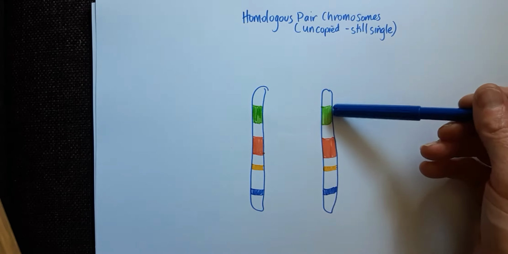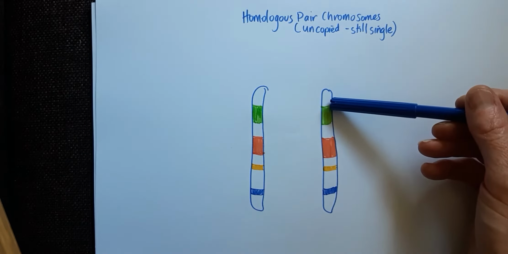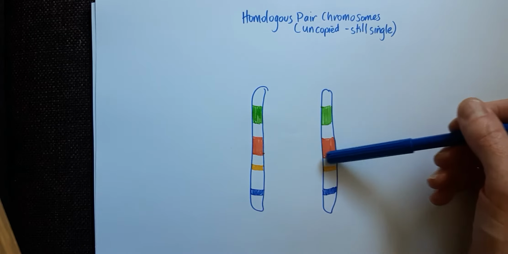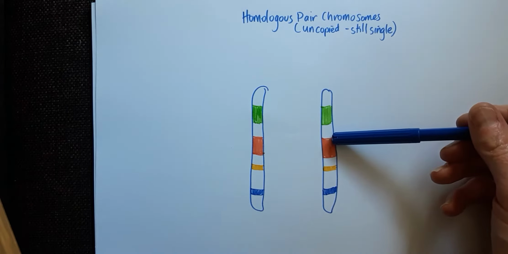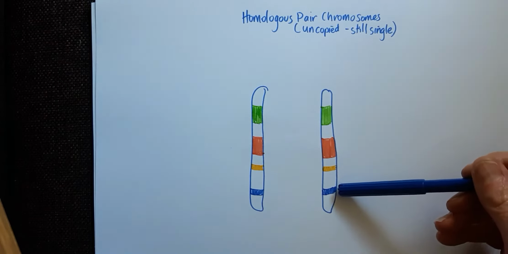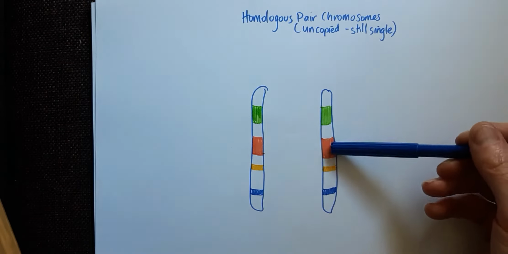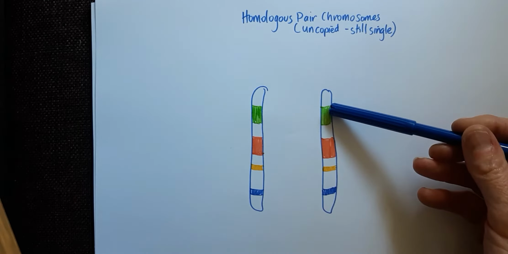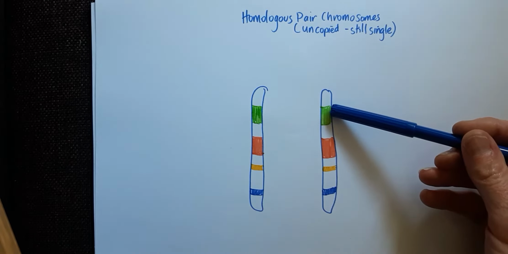So this area of this chromosome could be the gene for hair color, and this could be the gene that gives you the information for eye color, and for hairy knuckles and for a widow's peak on your forehead. So these different sections of these chromosomes are the genes that carry the instructions.